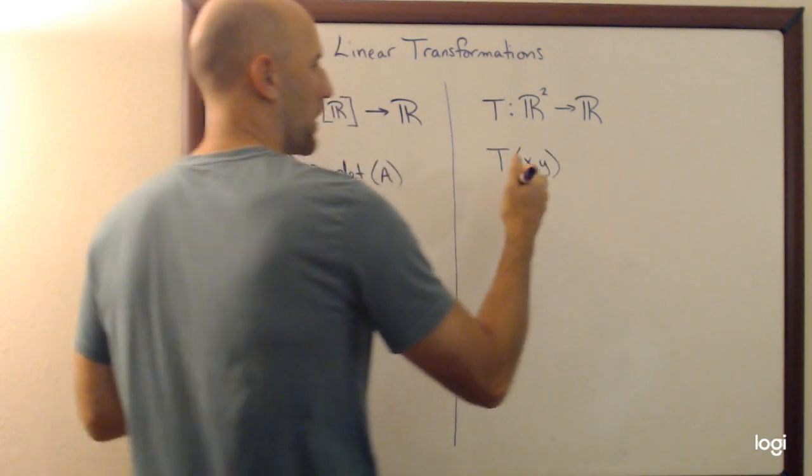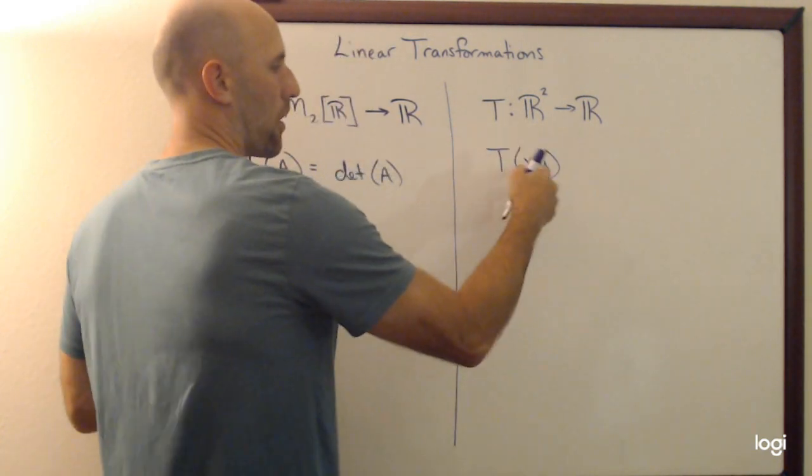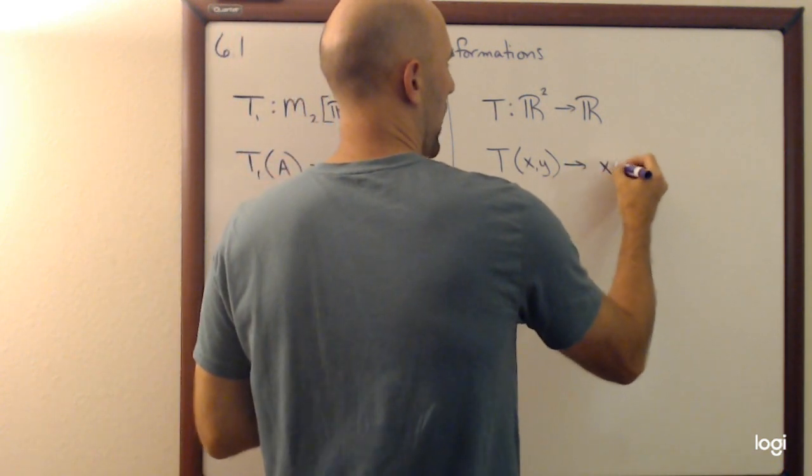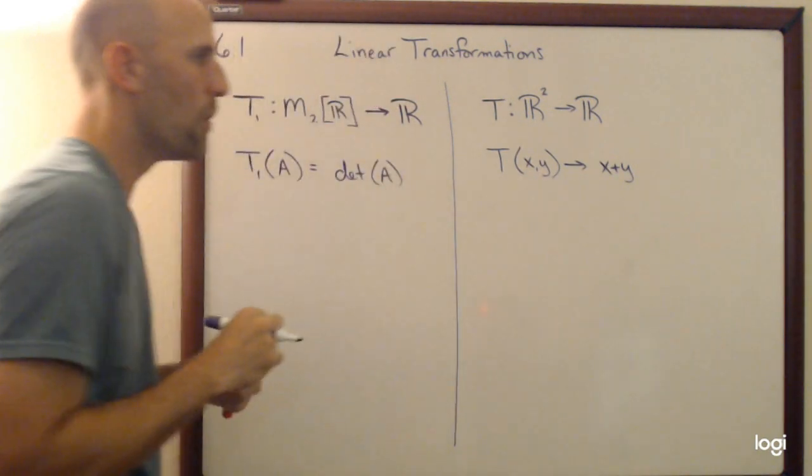Again, you just plug in some vector from R2 as a 2-coordinate value here. We're going to map this to x plus y. Okay, whatever the number that comes out to.